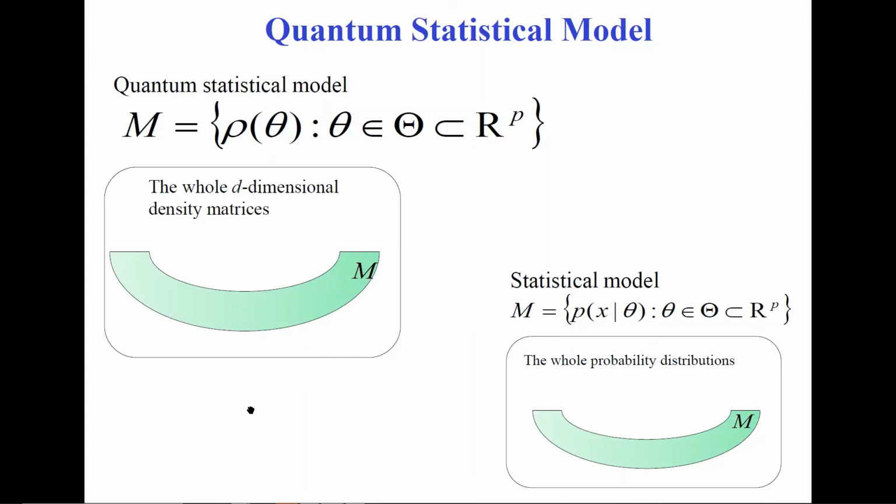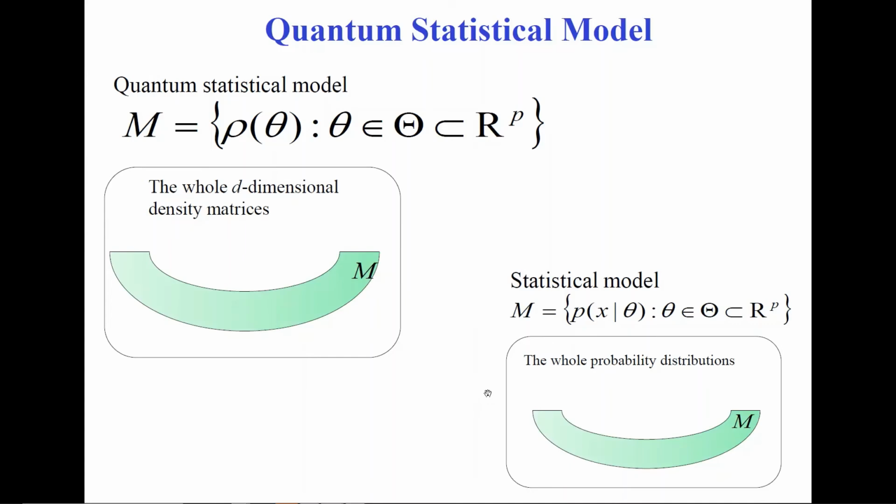And of course, this situation is very similar to a non-quantum classical statistical model in the last talk. In the last talk, we saw the predictive method.